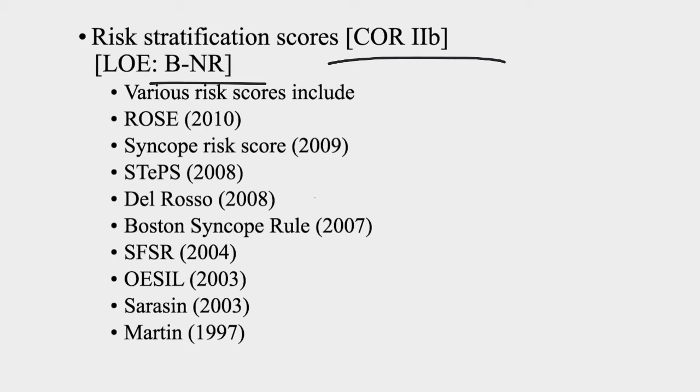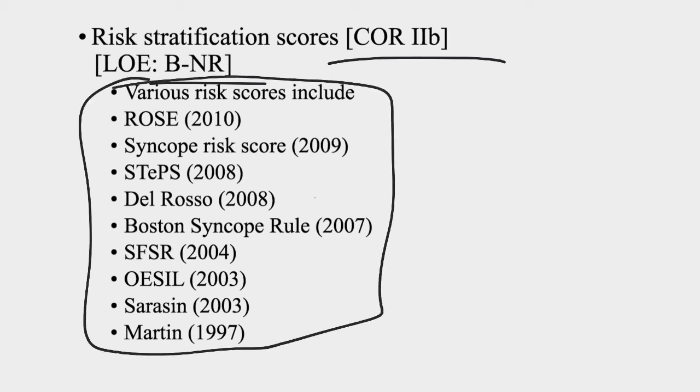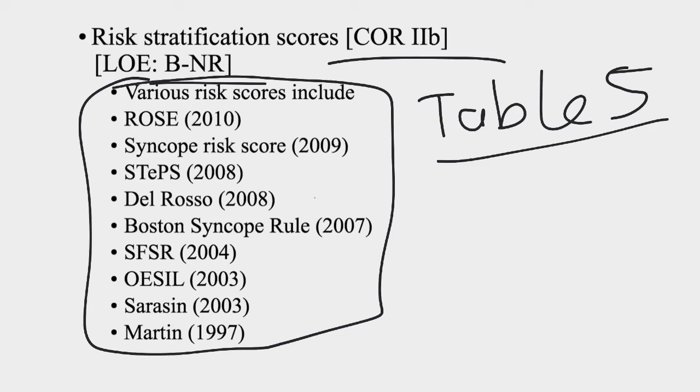So for risk stratification scores, there are many of them. You can pick and choose which one you want to be your favorite. But in this 2017 guideline, there's a Table 5. Table 5 gives you risk factors for short and long-term morbidity and mortality. Identifying factors in that table is a Class 1A, a strong recommendation.